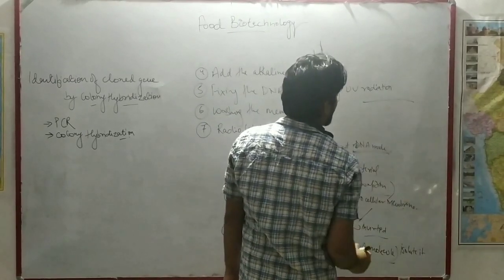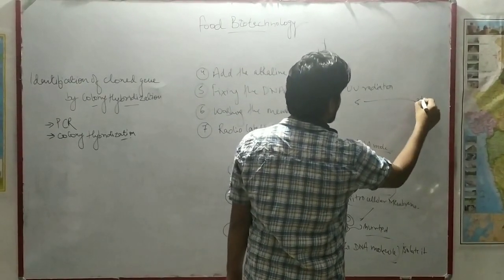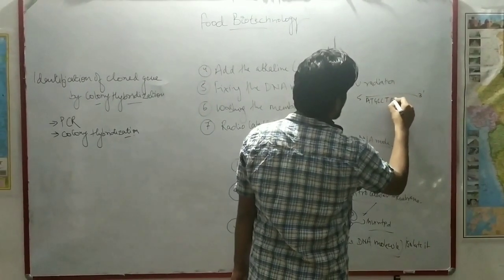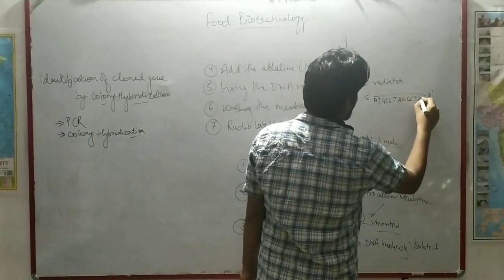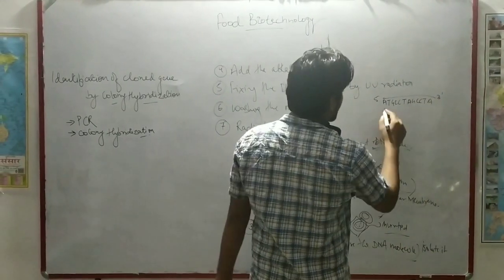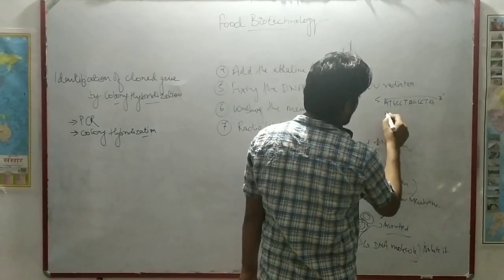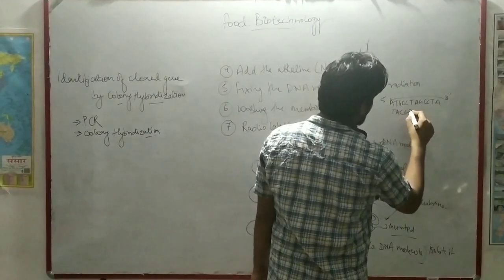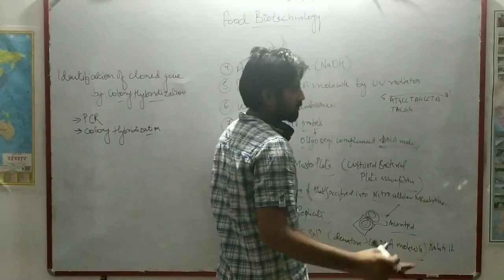For example, this is your rDNA molecule from 5' to 3', with a sequence like A T G C C T A G C C T A. This probe will have a complementary sequence, for example T A C G G. This is a short probe.